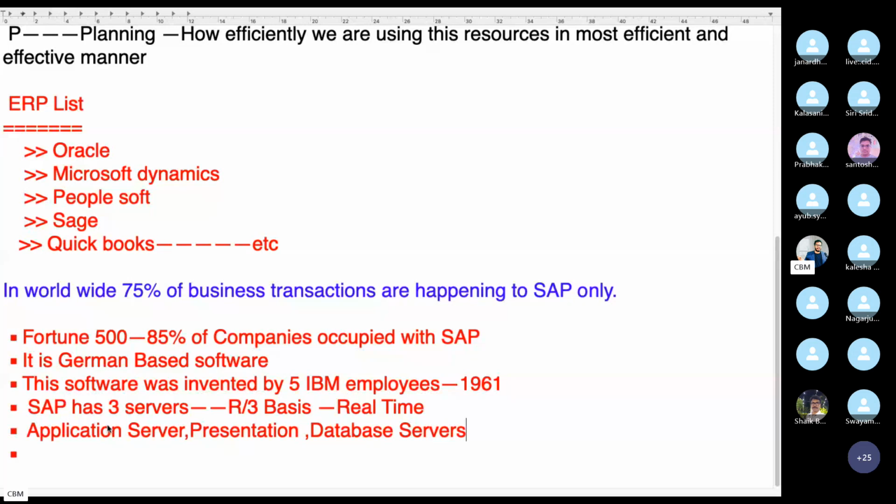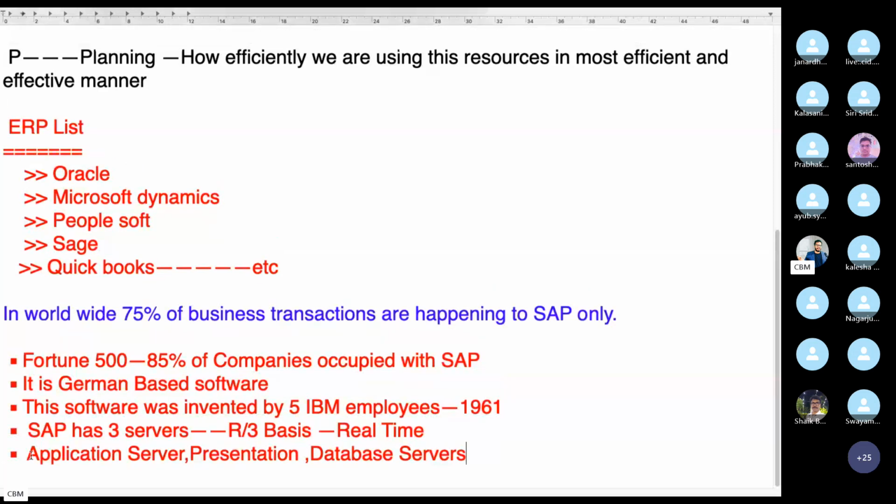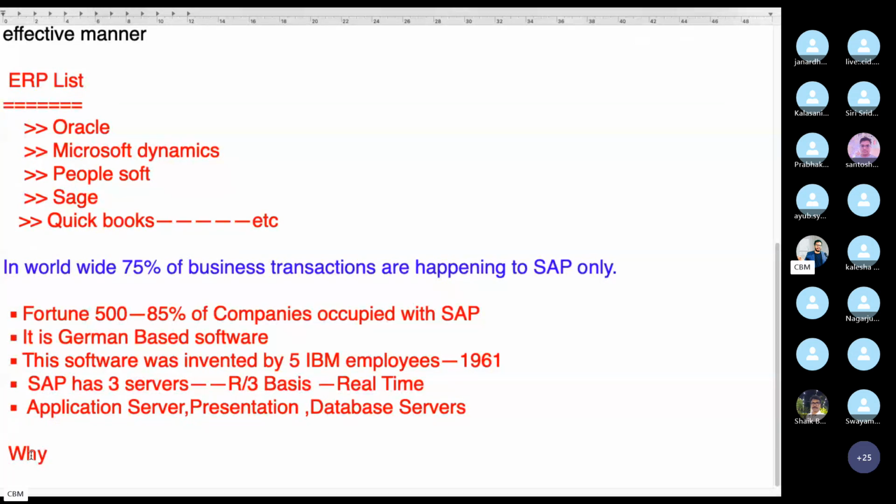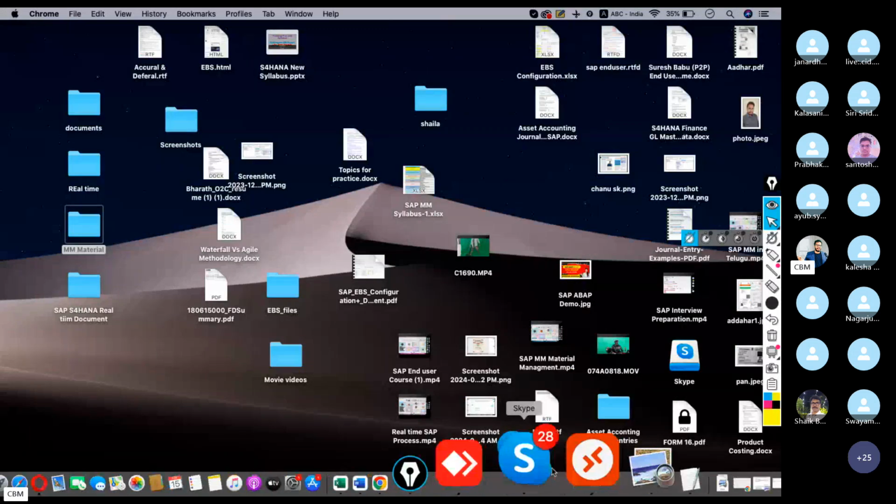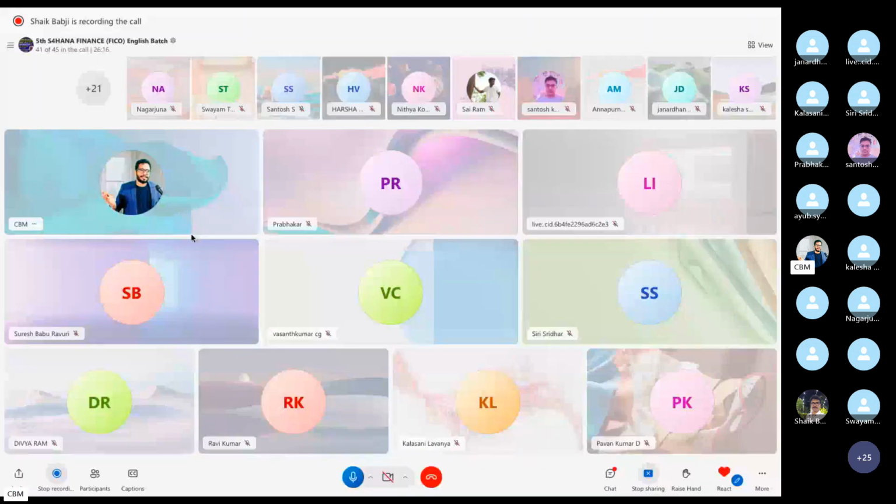Now the question is, why SAP? We have so many ERPs available in the market, but why are companies switching to SAP?